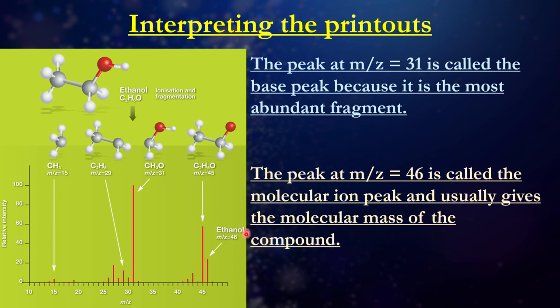As we said, this has the molecular mass of the compound or molecule that you used in your investigation. So by looking at the far peak here, you can work out the molecular mass of the organic compound or molecule that you used.